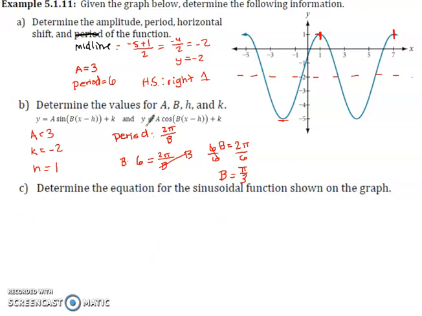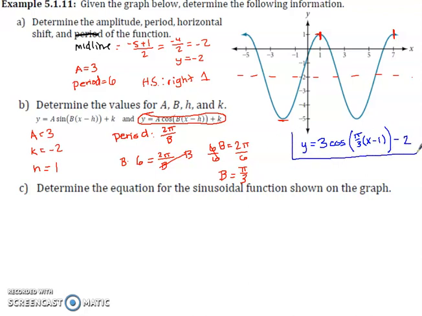Putting all of this together, I did look at this as a cosine function, so I'm going to use the cosine form here. My y value is going to equal a, my amplitude, which is 3, times the cosine of b, which we found was pi over 3, multiplied by x minus my horizontal shift, which is a +1, plus my k value, which is a -2, so plus a -2 or -2.